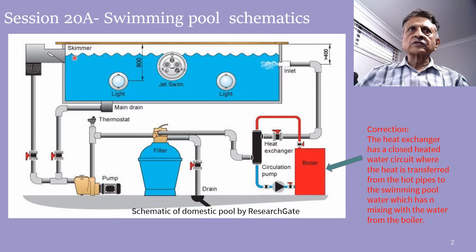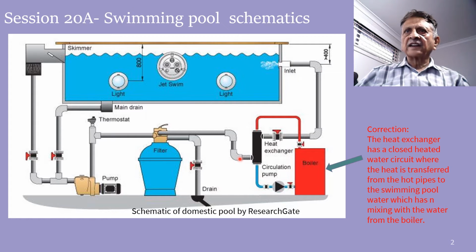So the water that flows through the skimmer passes through a filter basket, which collects all the floating debris and all the debris of big size, and the filtered water goes through the pump, which will just pump the water into the filter, where that water is filtered. The filtered water is then taken back to the pool.